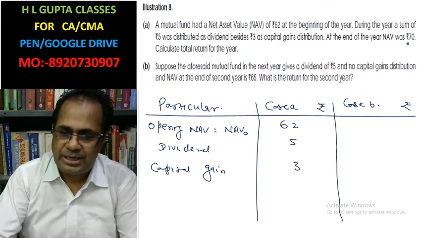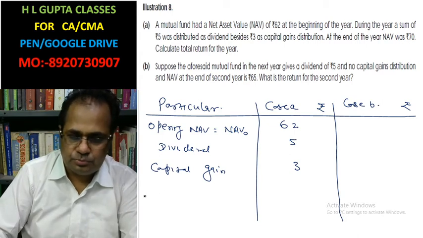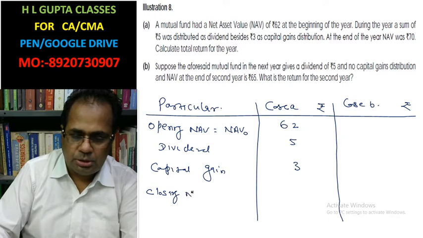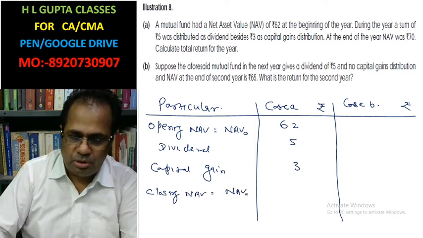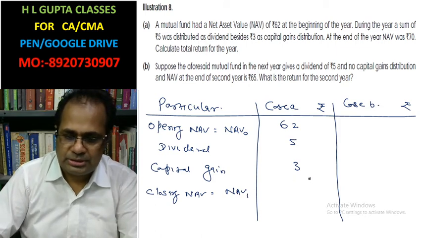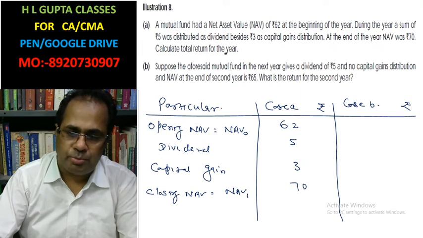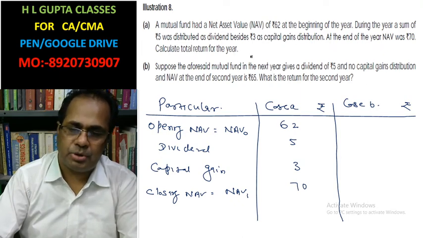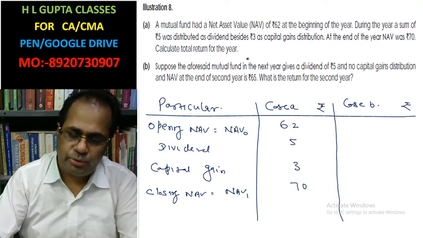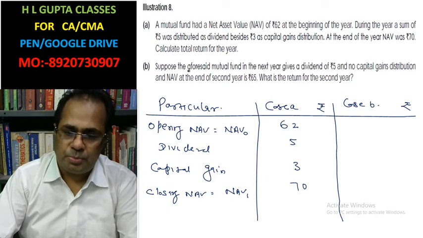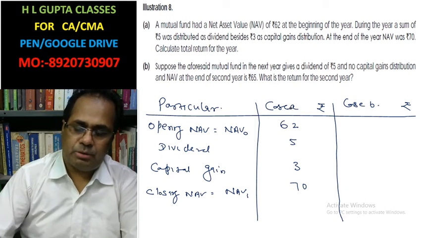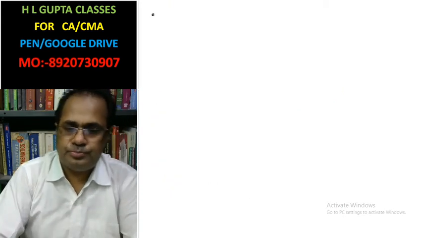At the end, the closing net asset value, the net asset value at 1, is rupees 70. Calculate the total return for the year. In the second part also, you have to calculate the total return. Very easy questions.